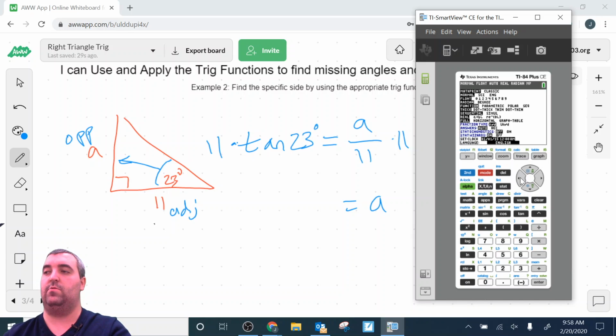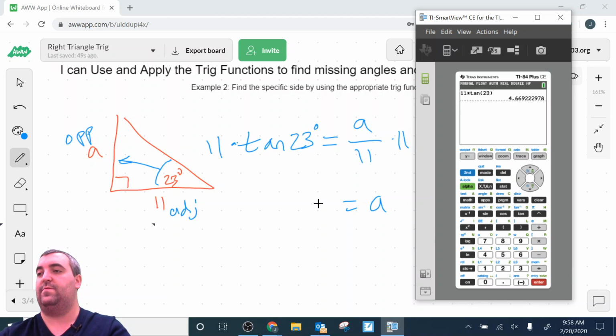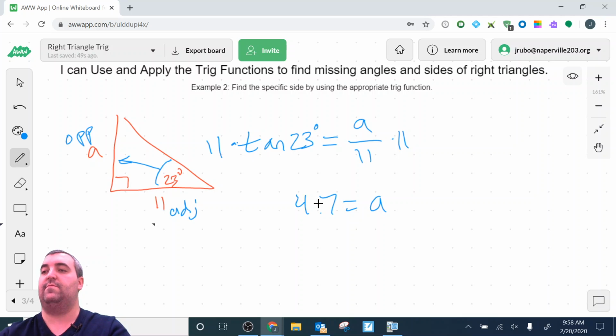So you'll hit mode, and you can see here that degree is currently not highlighted. So I have to go over to degree, hit enter, because my calculator needs to see this as a degree. And the only way it does that is if you change it to degree mode, hit enter, and we get an answer of about 4.7 for that side A.